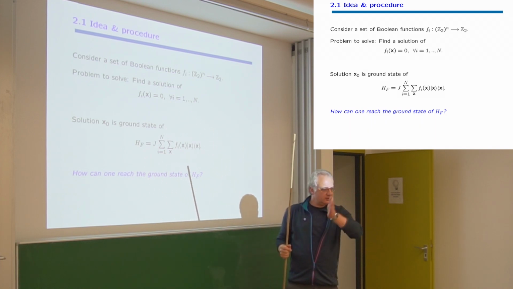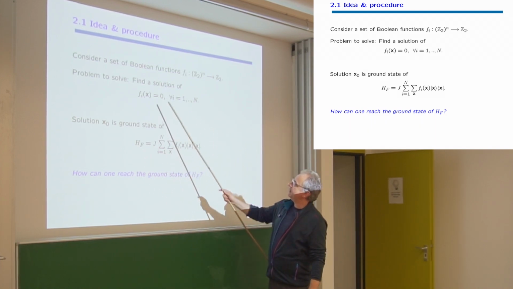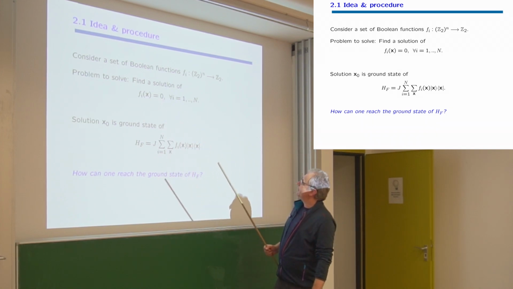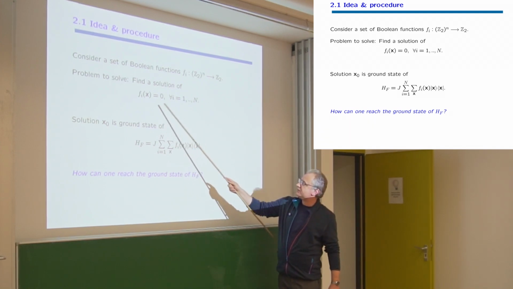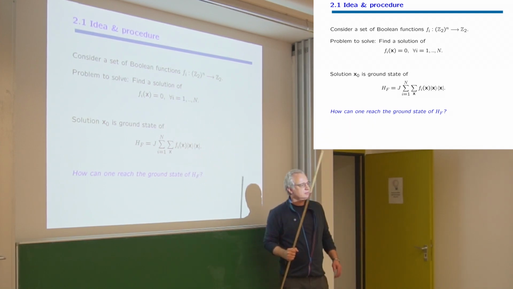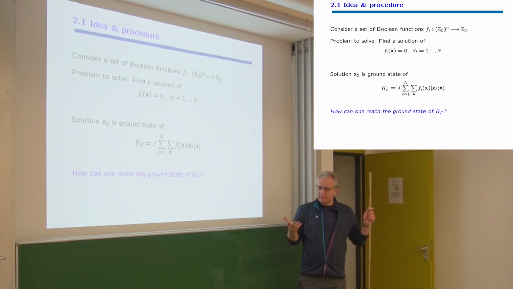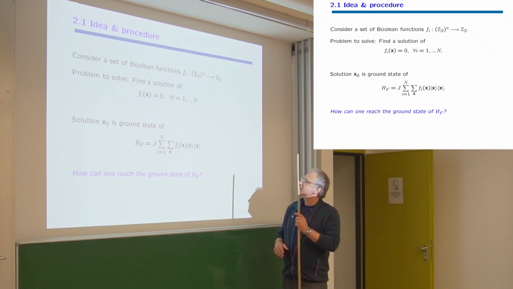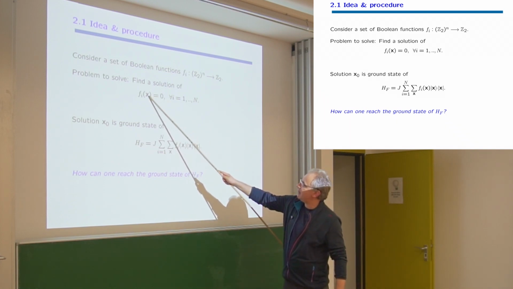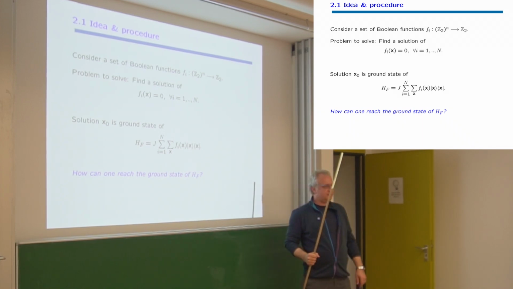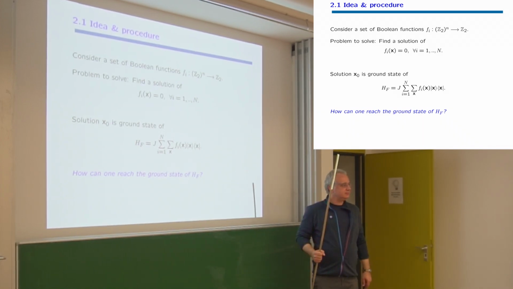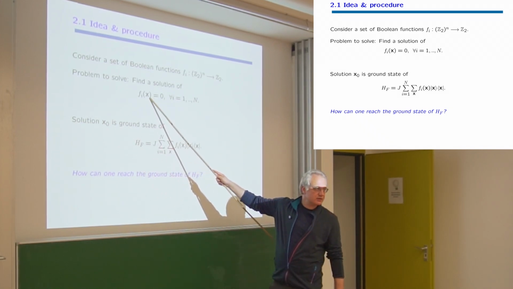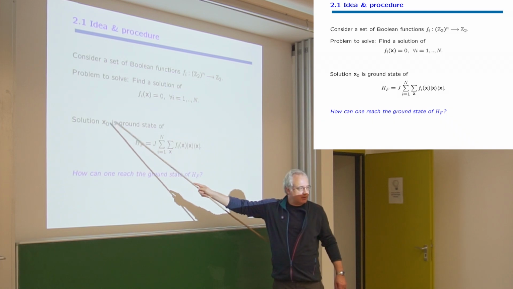The Boolean function evaluates to 0 or 1, and we require that for bit string x, it evaluates to 0. That is supposed to hold not only for this function, but for a number of them. So I have a system of nonlinear, in general, binary equations. These are the equations here, and I want to know which x, if there's such a thing, satisfies them. We want to have a solution x0 to all of these equations. That's my problem. That is what I want.